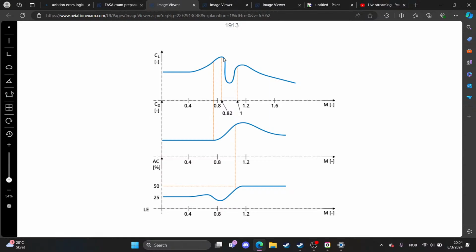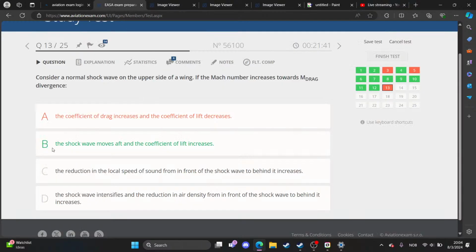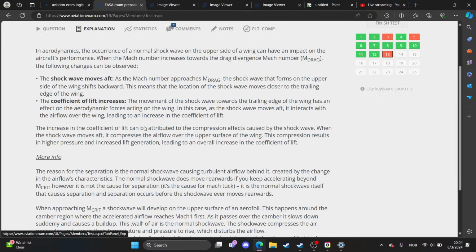Coefficient of lift will increase towards Mach critical, and then it should decrease. The shockwave moves aft and the coefficient of lift increases. That doesn't make any sense.